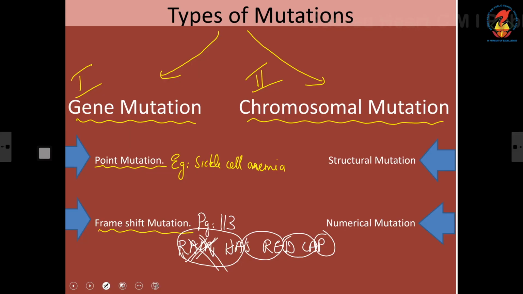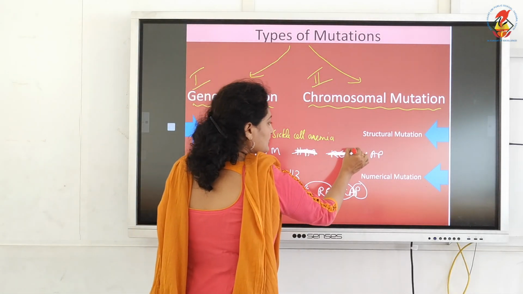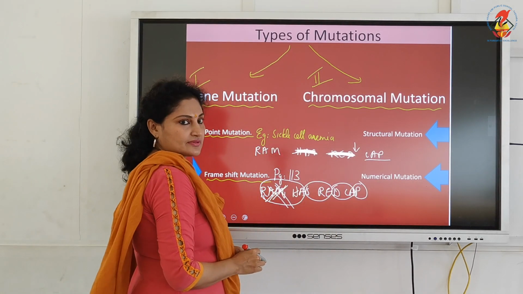But on the other hand, again Ram has red cap. If 3 bases are removed or multiples of 3, 6 are removed, is the reading frame altered from the point of mutation? See, from this point, can you read? Yes, we can read it as cap. Okay.